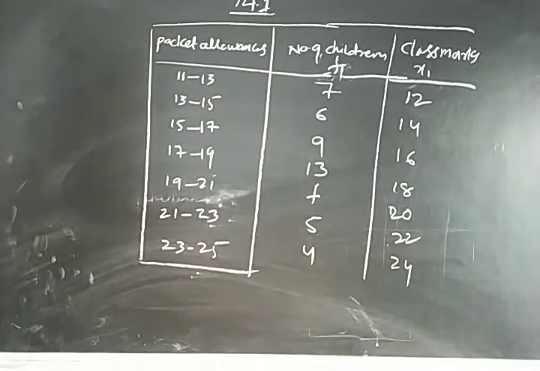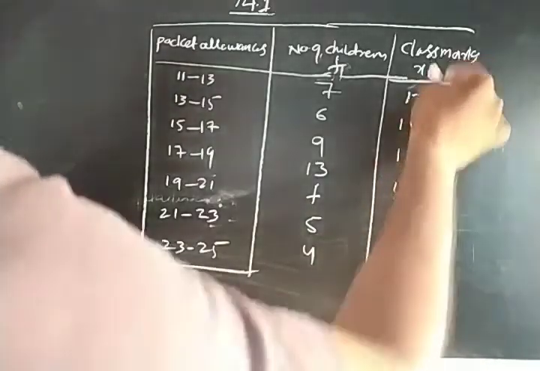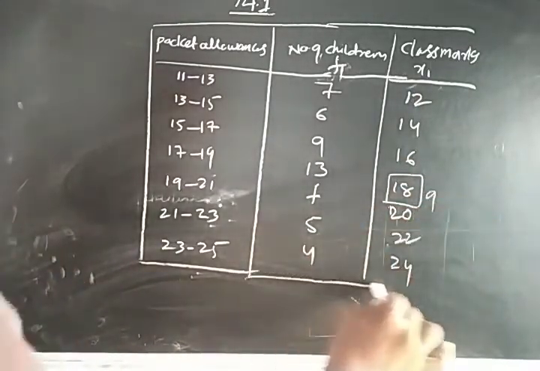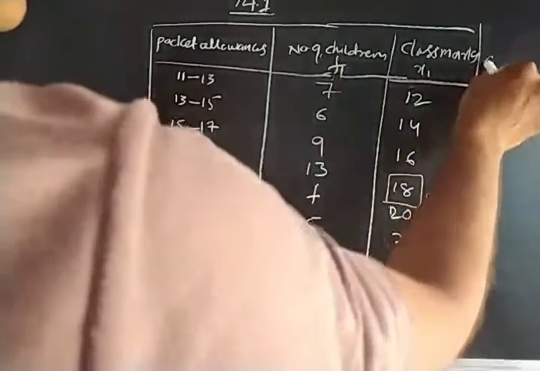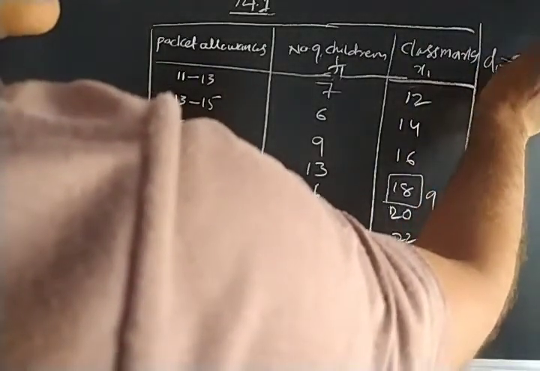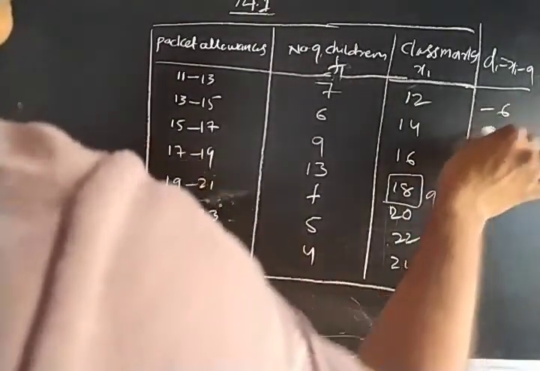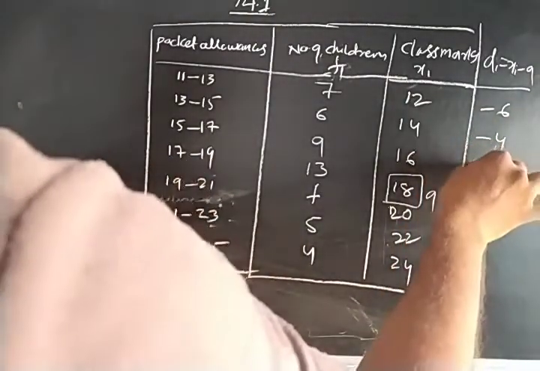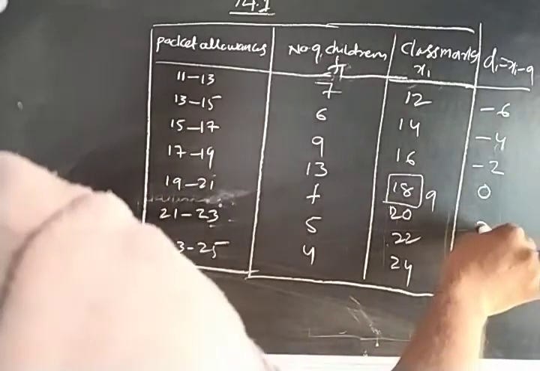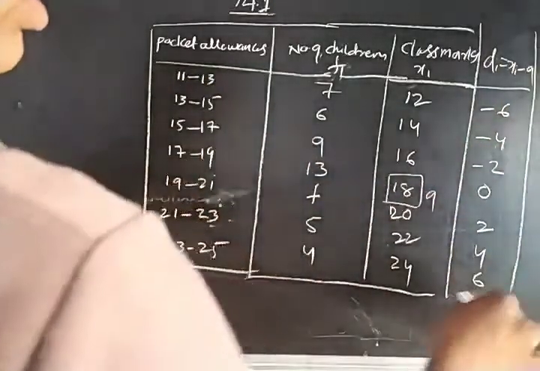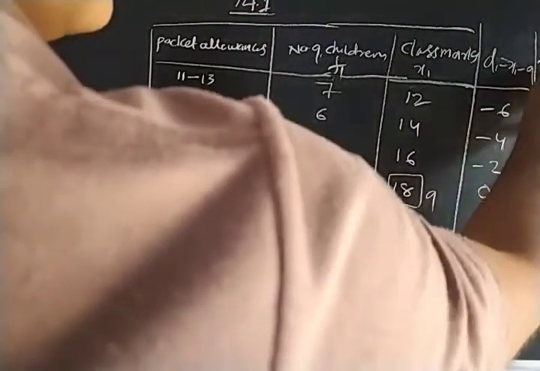Now assume one of the middle values as the assumed mean; I am assuming 18 as the assumed mean. Next I will find di equal to xi minus a: 12 minus 18 is minus 6, then minus 4, minus 2, 0, 2, 4, 6. After that find fi into di.